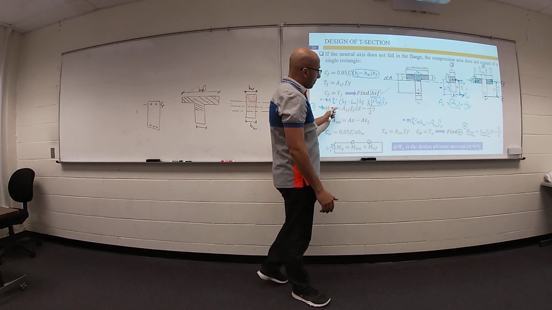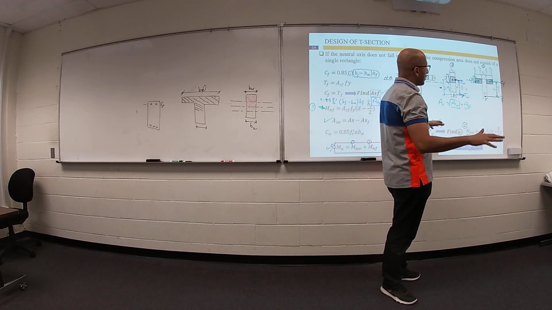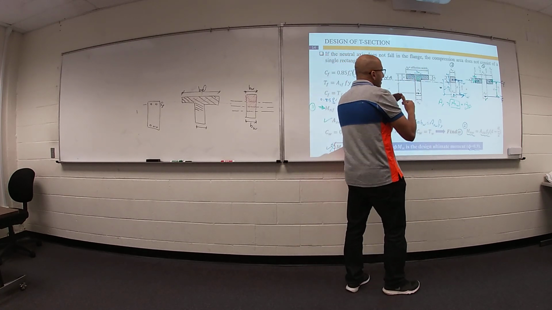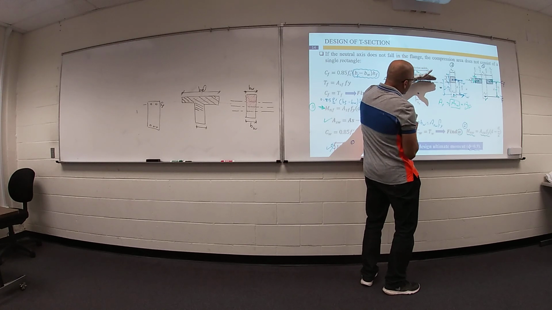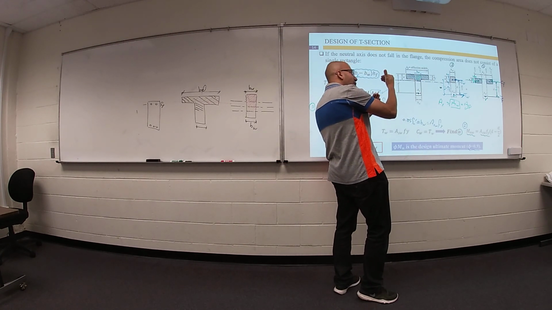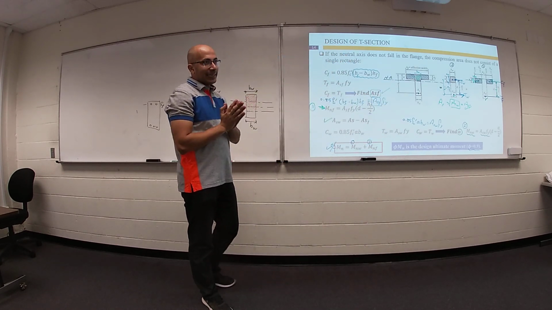The new a will be completely different from the first one. So if your neutral axis is at the edge of the flange, we can expect it within the flange or outside the flange. So this situation is very critical.